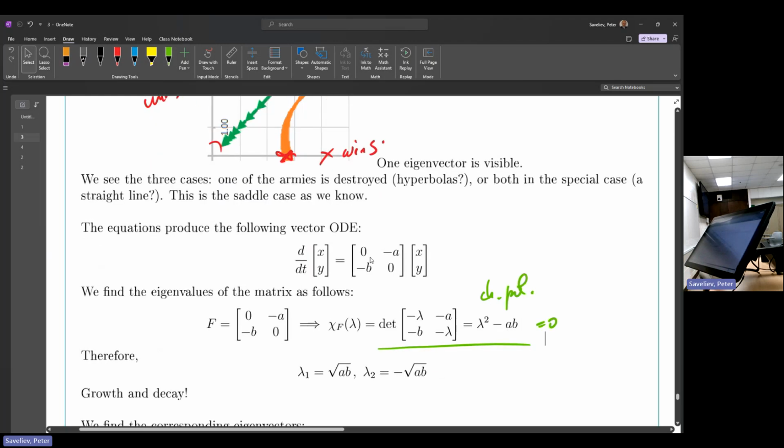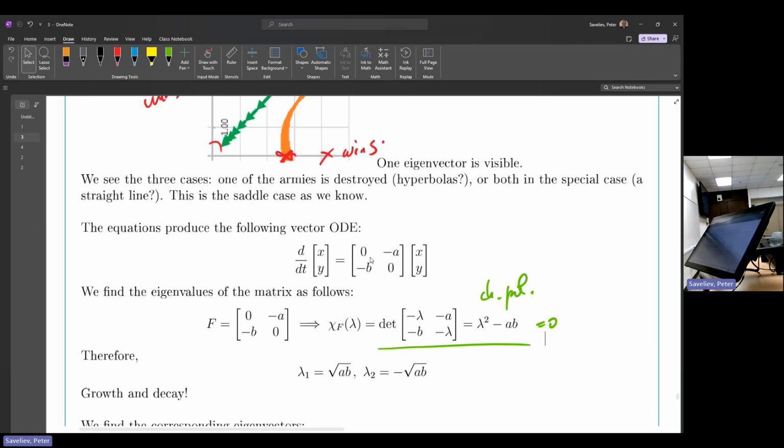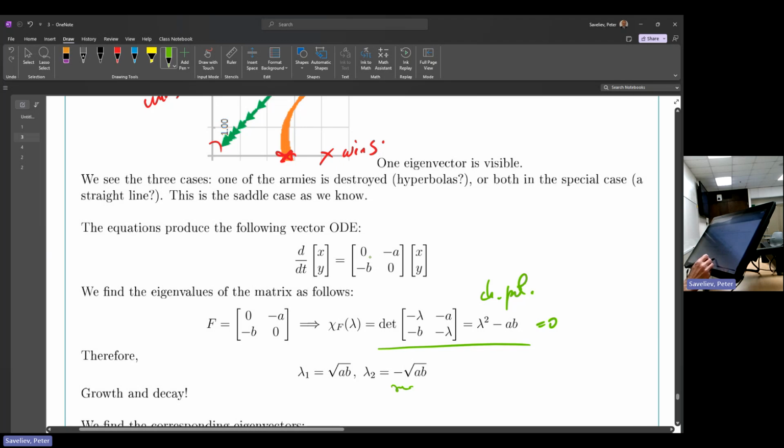Lambda 1 and lambda 2 are equal to plus or minus the square root of AB. So once again, remember what it indicates. It indicates the growth. One will give you population growth, the other one population decay.